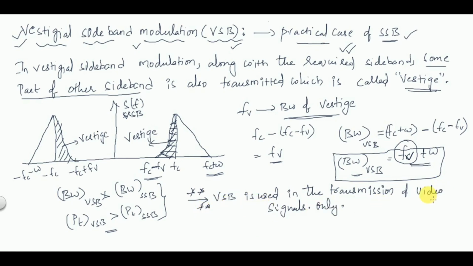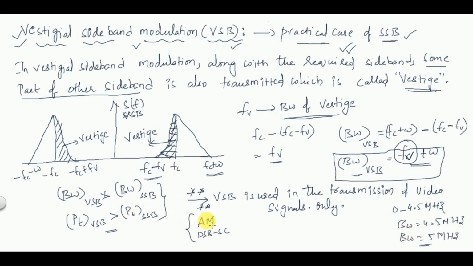Why is it only used in the transmission of video signals? We can't use AM or DSBSC. The video signal frequency range is 0 to 4.5 megahertz, so the bandwidth is 4.5 megahertz. Along with the guard band, the bandwidth of any video signal is around 5 megahertz.